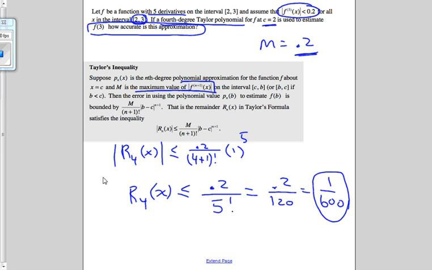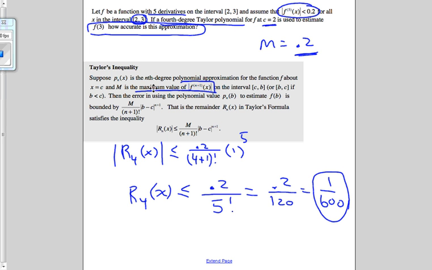So this demonstrates the use of finding the error. We said if we only go for a fourth degree polynomial, which isn't much, it's very easy to generate that type of polynomial.